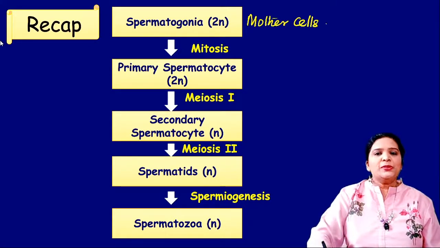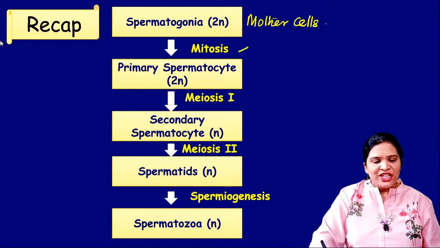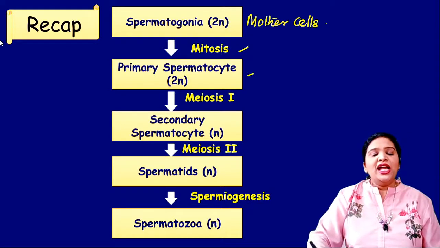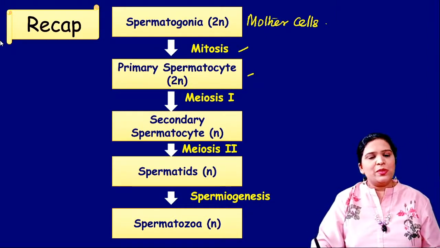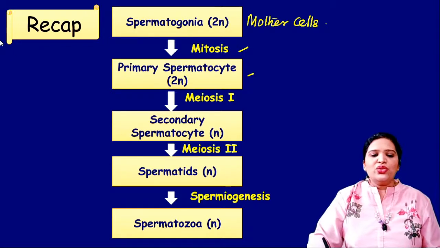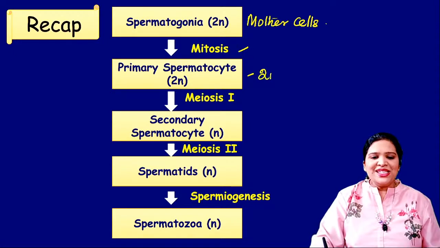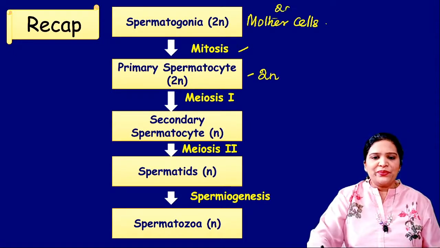These spermatogonia undergo mitotic cell division and multiply into primary spermatocytes. More primary spermatocytes are produced. Here the number of chromosomes is 2n, that is 46.